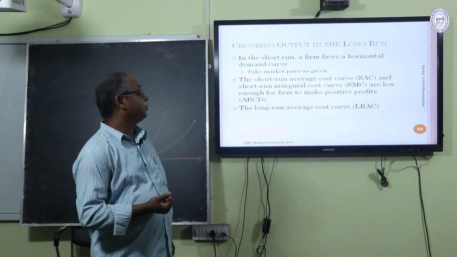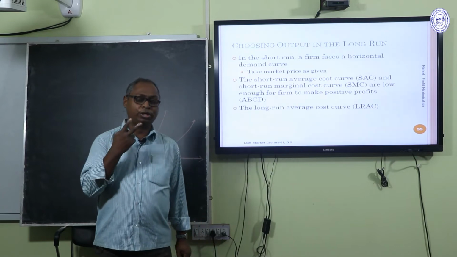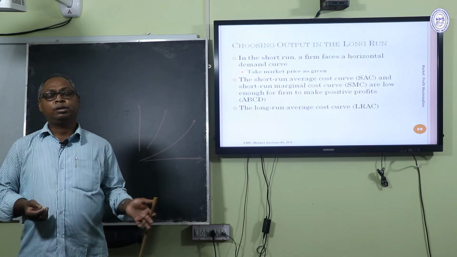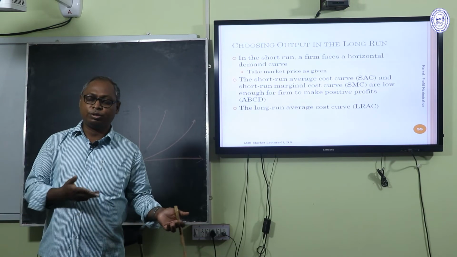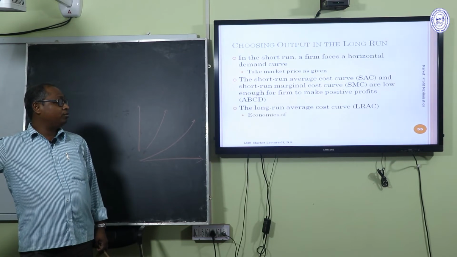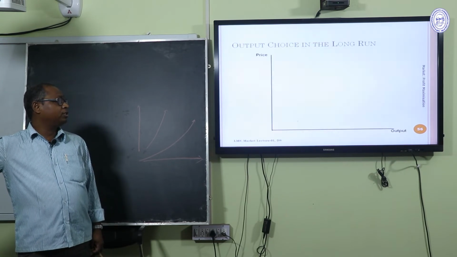And here in the long run, two things are very important. One is the long run total cost curve and long run average cost curve along with the long run marginal cost curve, and the set of short run average and marginal cost curves.